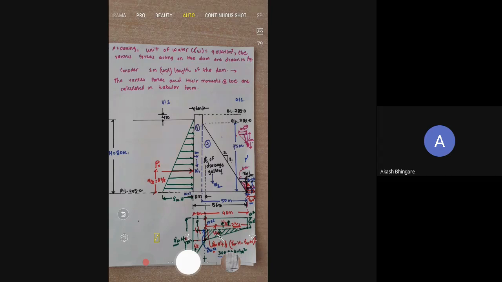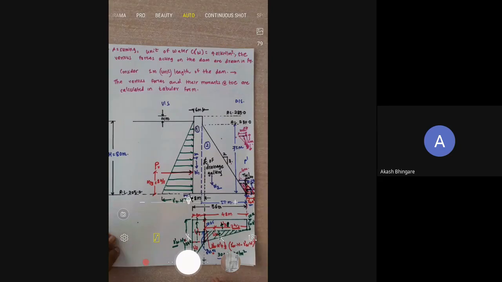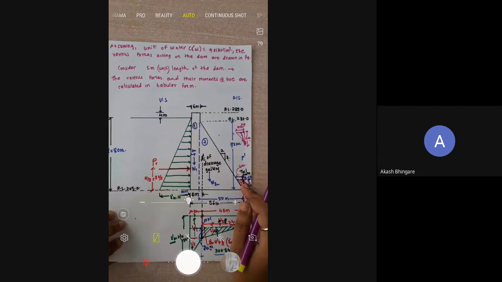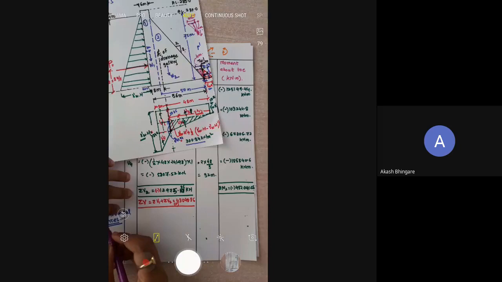So okay, the horizontal force, that is water pressure on the upstream side, and the second horizontal force will be water pressure on the downstream side. Fine. So we'll write that in the table. Please let me know if it is not visible to you.